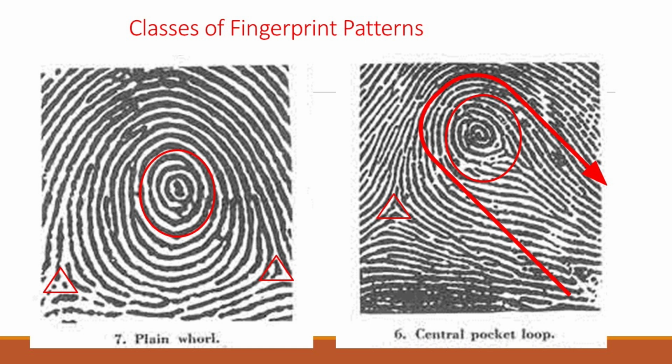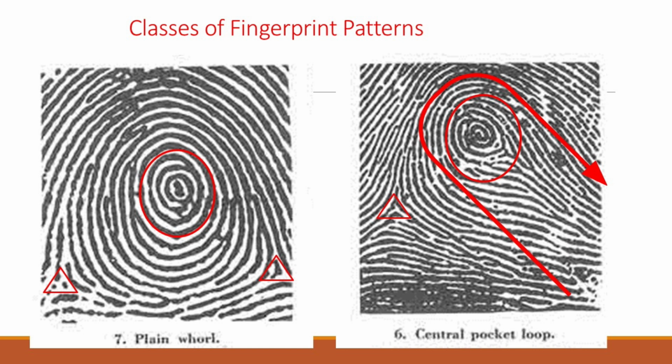In fact, in plain whorl, we have two deltas. Then we have another one that we call central pocketed loop. The reason why this one is qualified to be called a whorl is because it contains a delta and these lines that form a circle here.